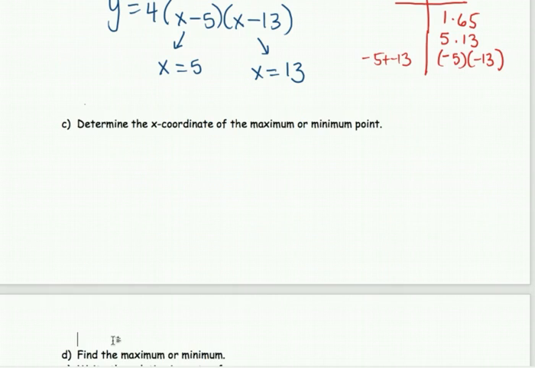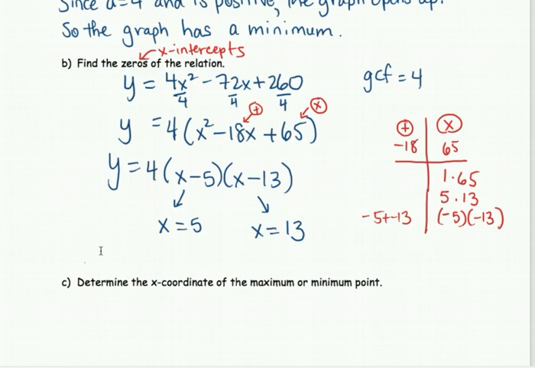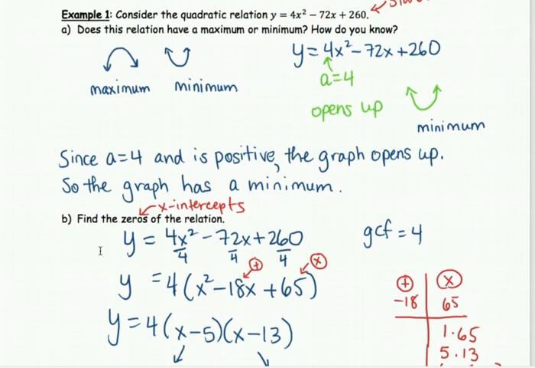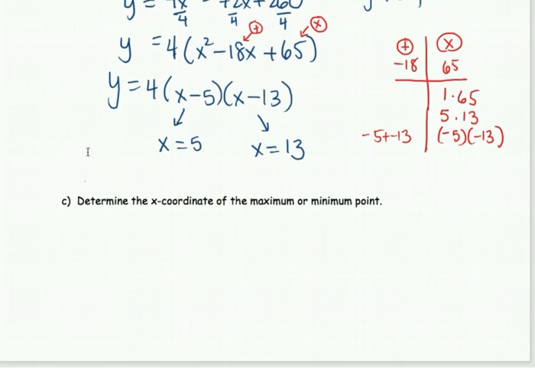Okay, so far what we know is that it opens up. So if we make a sketch here, we know that it opens up. And then in the previous question, we just found the x-intercepts, so if you were to make a rough sketch here, they are 5 and 13.